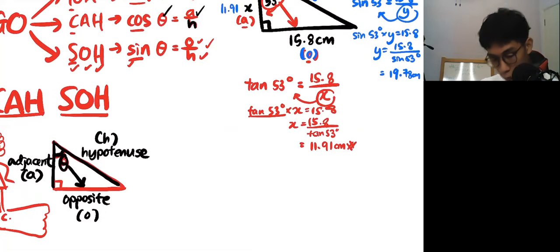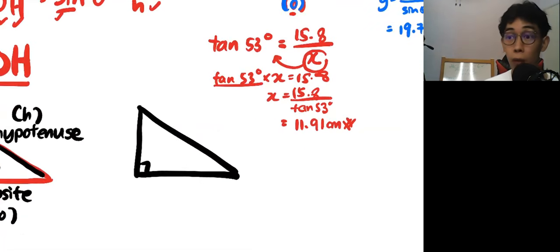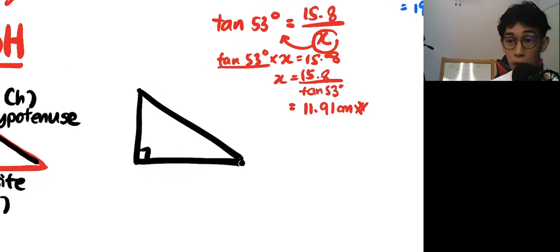Now our final explanation talks about how to get the angle. These are the basic things. Let me show you how we solve it.